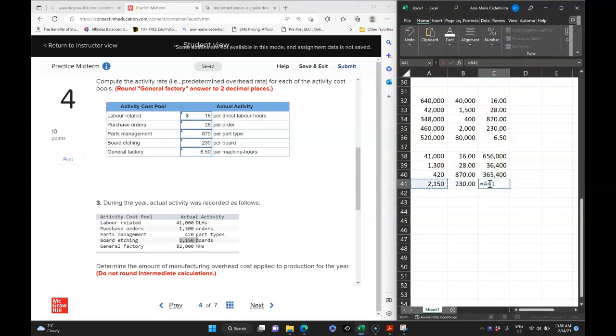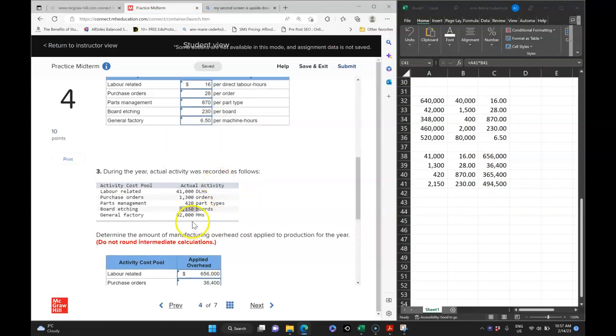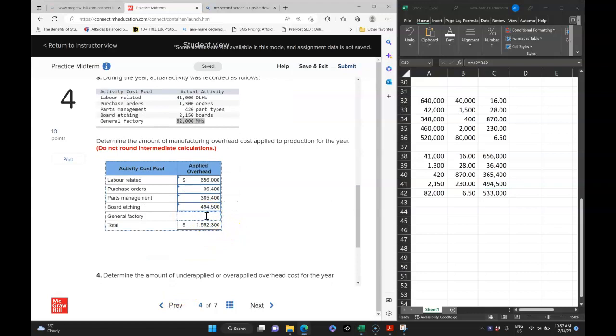So if I multiply those out, then I get 494,500. And then my general factory was 82,000 machine hours. And my predetermined overhead rate was the $6.50 per machine hour. So that's the $6.50 there. And when I multiply that out, it gives me 533,000.